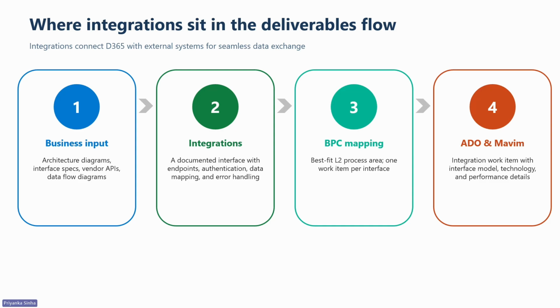Notice I said interface, not system. One product integration might have multiple interfaces. And then step three, BPC mapping. You take that integration and map it to best fit L2 process areas, one work item per interface. This is critical.